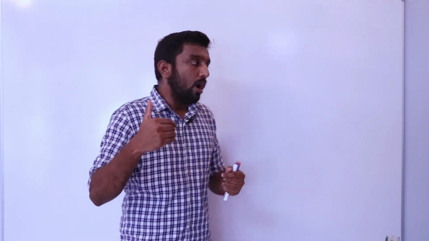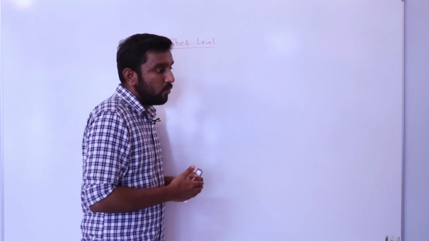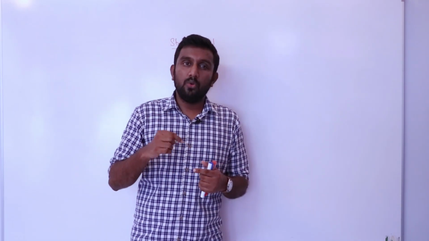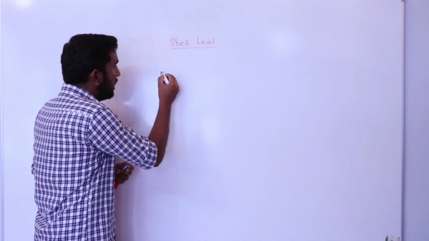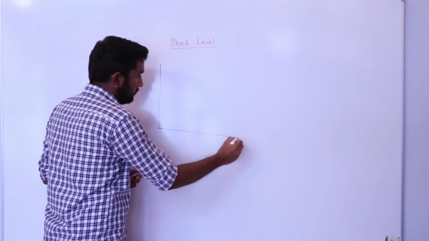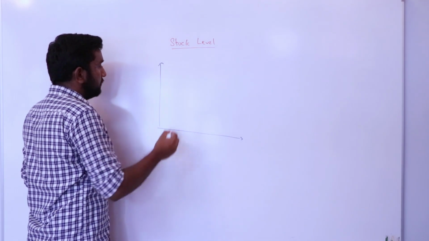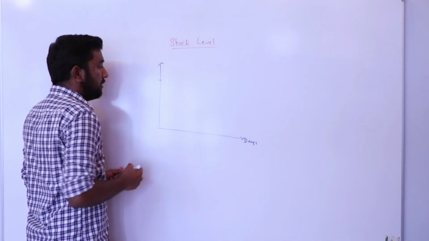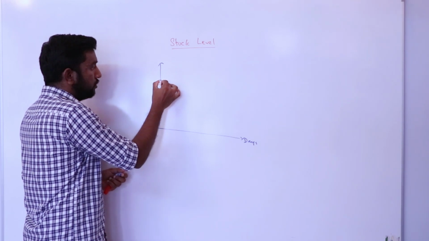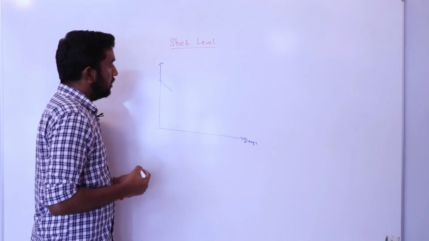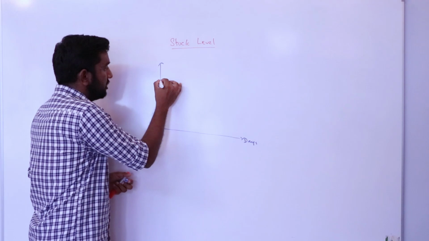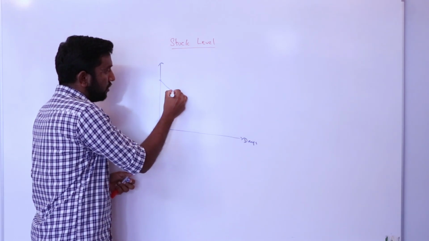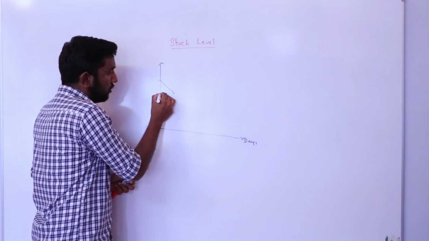I'm going to explain this in a graphical way so you can understand how it actually works. Let's say we have some quantity in our store and they are issuing the goods continuously, and at some point they make the order.